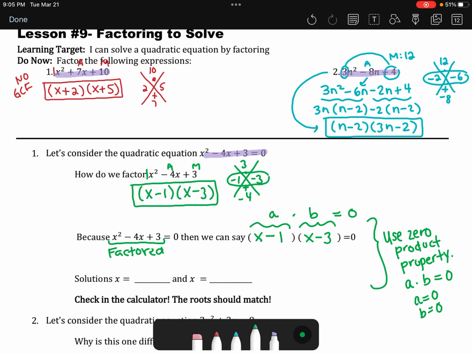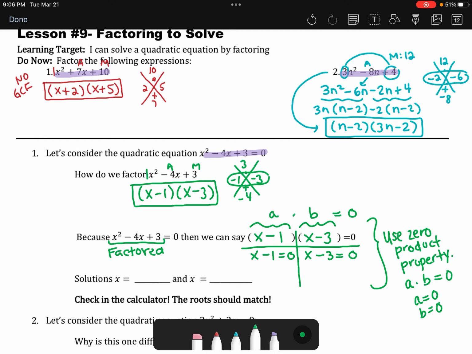So that means that we can break these up. And we can say that either A, x minus 1 equals 0, or B, x minus 3 equals 0. And we can solve these smaller equations to figure out what x can be that would make the whole thing equal to 0.